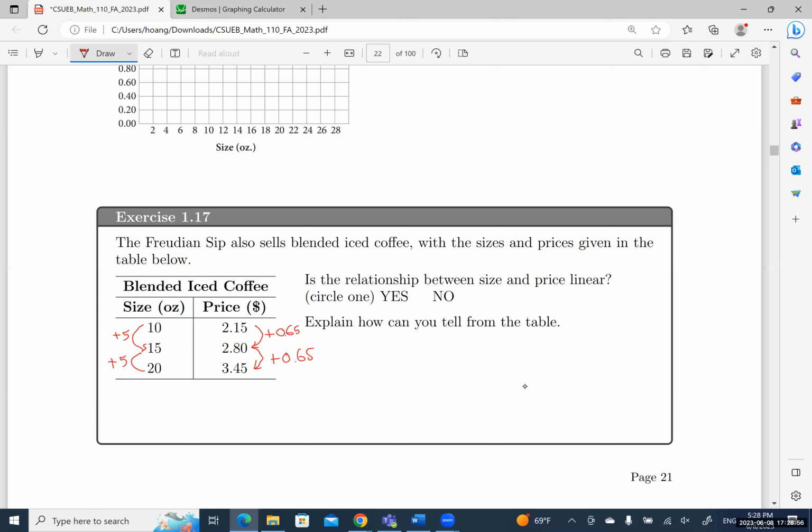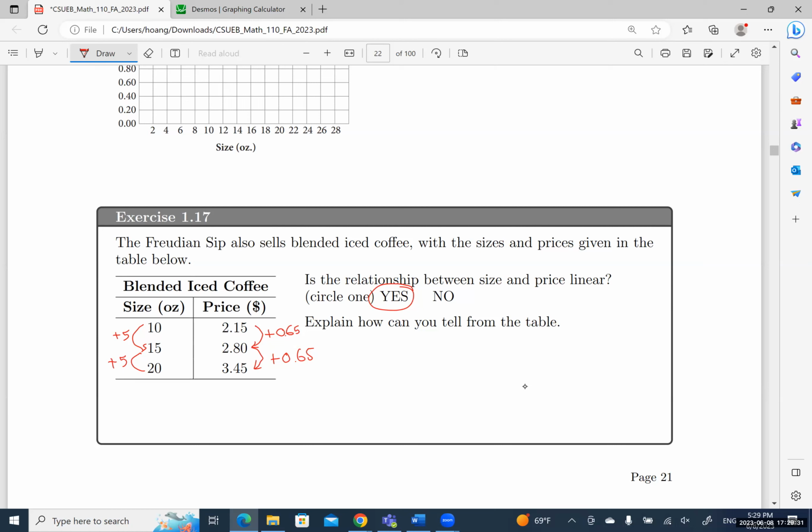So I will leave this one for you to think about for 1 minute. You can pause, and then when you finish, just resume it. Okay. All right. So the answer is supposed to be yes, right? The reason is both go up by a constant amount.